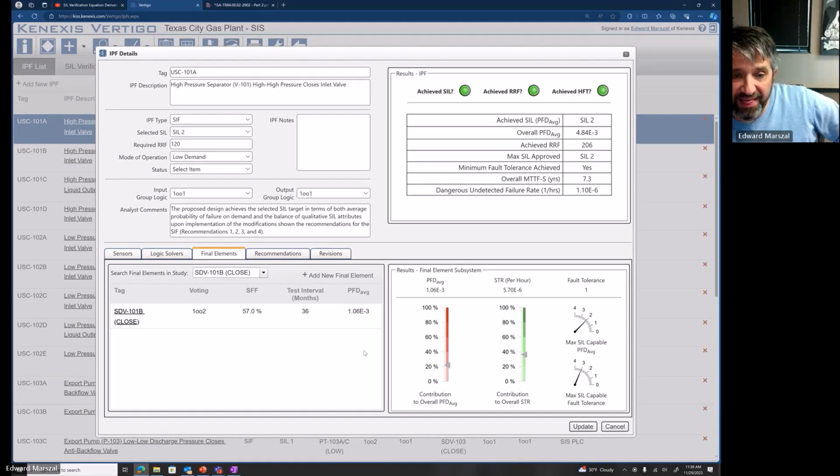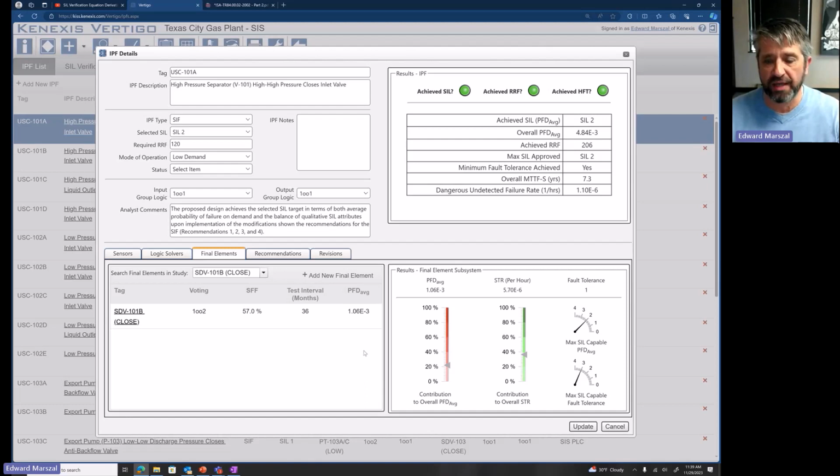All right, Matthew, that's a very interesting question. A lot of operating companies, and I'm probably going to back up into OpenPHA again to talk about this, have chosen and set up their risk tolerance criteria to do a more traditional LOPA, which is one cause, one consequence as my scenario.